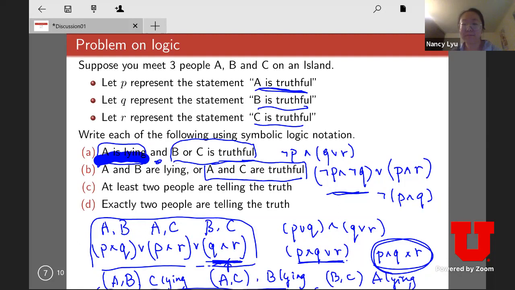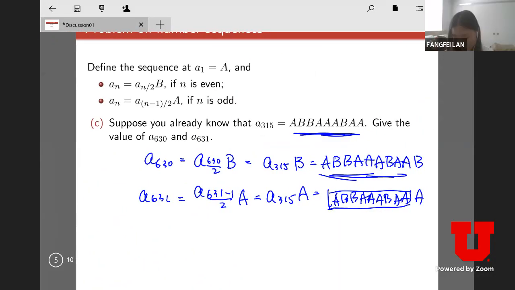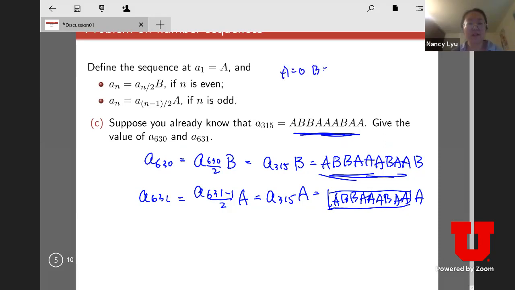So for example, if A is 1 and B is 0, we would have 1 0 0 1 1 1 0 1 1. Yeah, that would be just the binary sequence of 315.